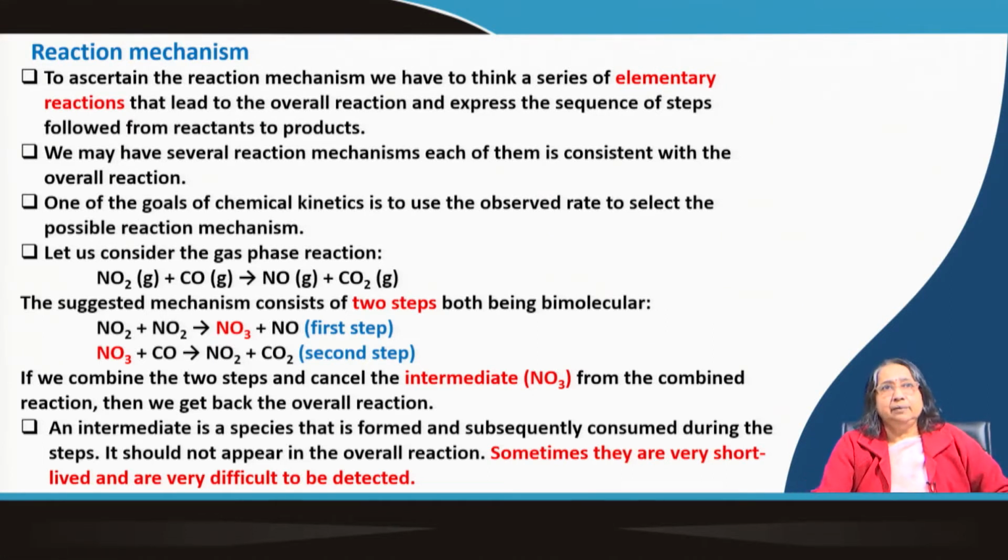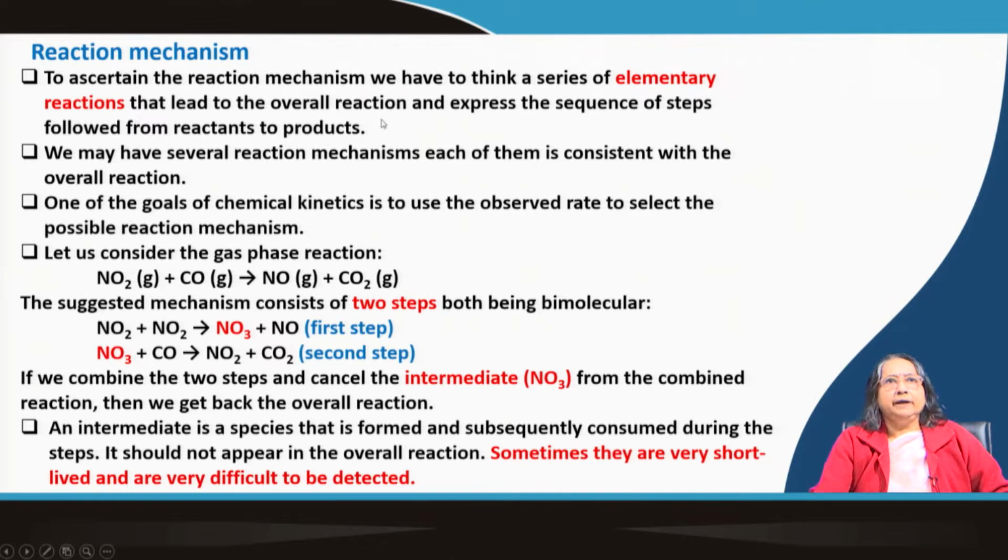You have to choose them in such a way that after combining all the elementary reactions, you get the overall reaction, and the reactants and products must match. Not like you write anything and add it up. The reactant and product should match.